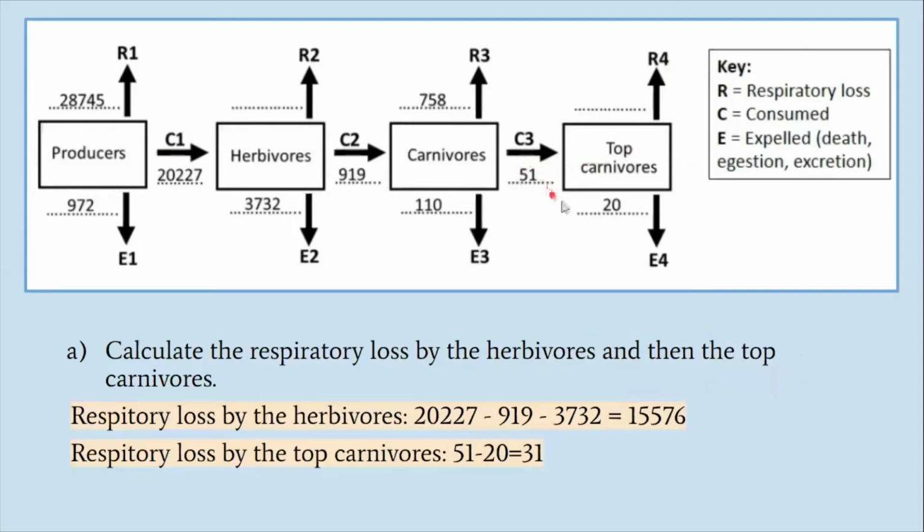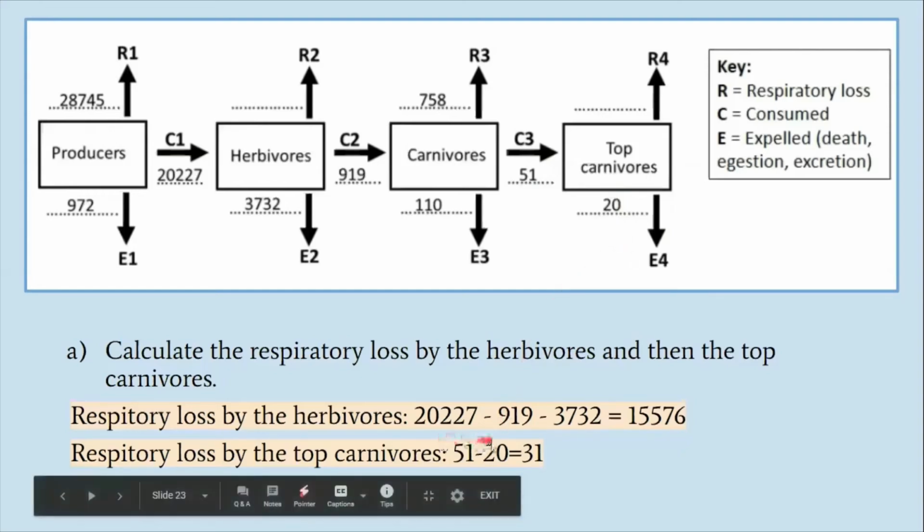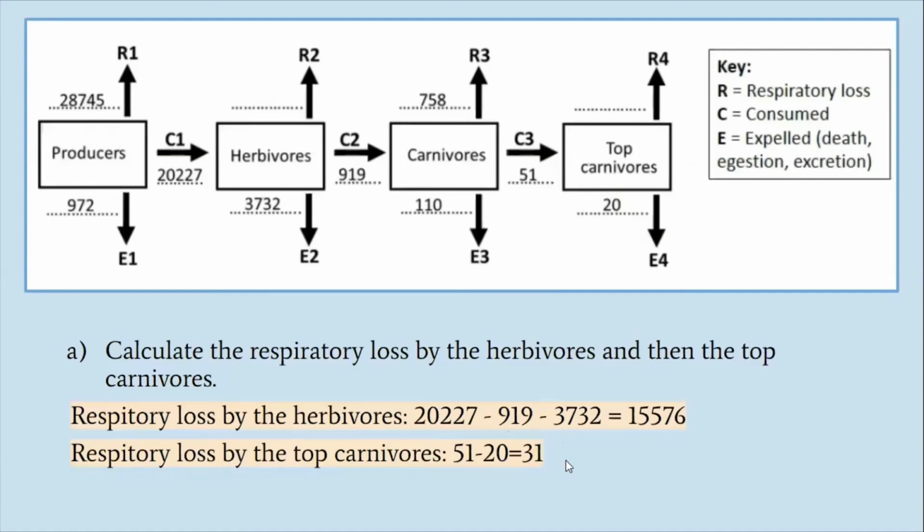Now, because this is the top carnivore, it is not eaten by any predators. 20 units of energy is lost through expelled energy. So that must mean the R4 value at the top is quite simply 51 minus 20, and that will give us 31 units of energy. And that is the answer for R4. That's all from me. Thank you.